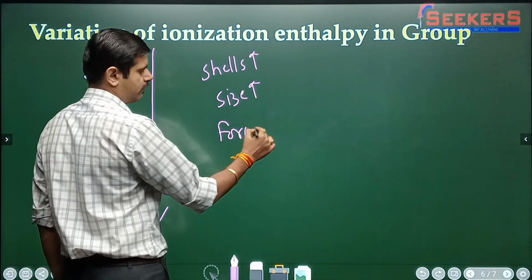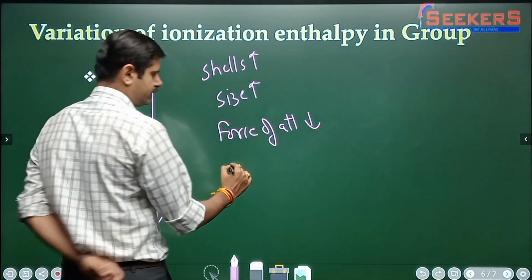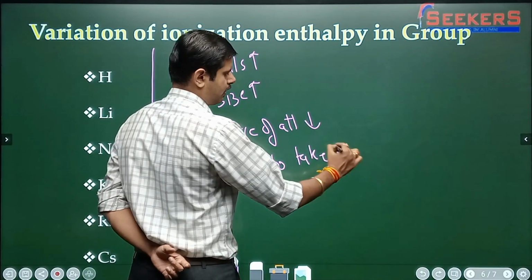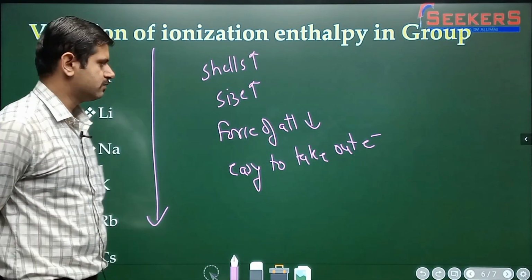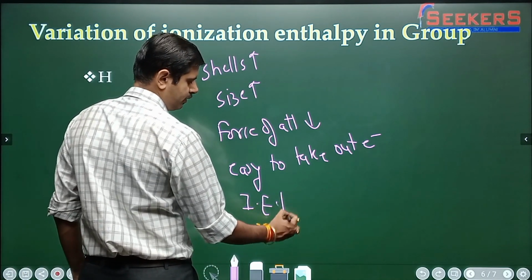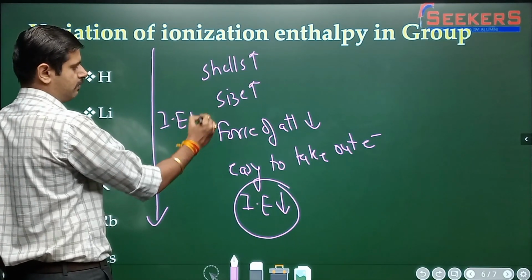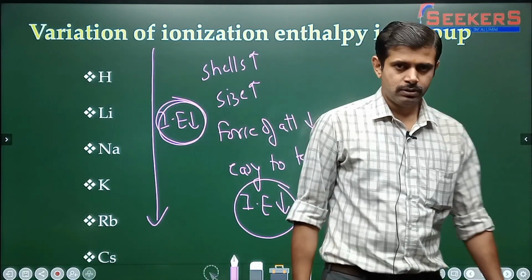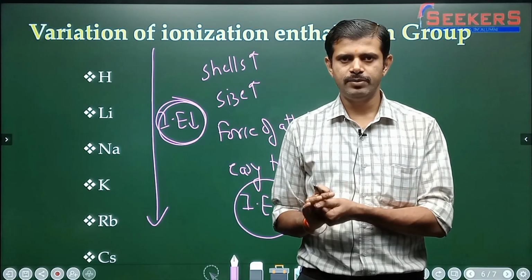Force of attraction decreases, so it's easy to take out an electron. Now what happens when it's easy to take out an electron? The ionization enthalpy will decrease. So moving down a group, ionization enthalpy will decrease. This is all about the variation of size in a group and a period, and the variation of ionization enthalpy in a group and period.